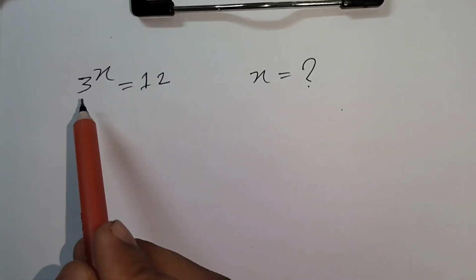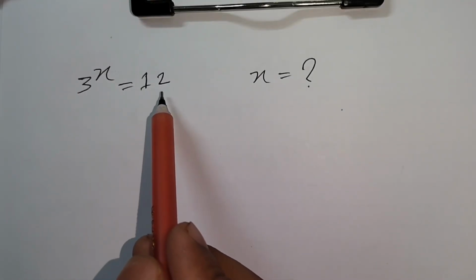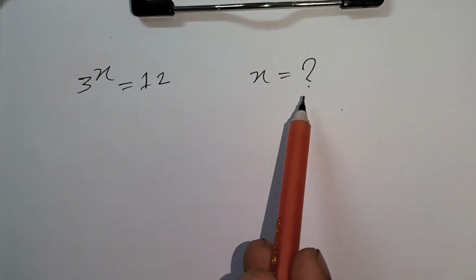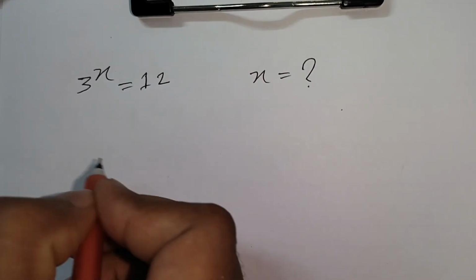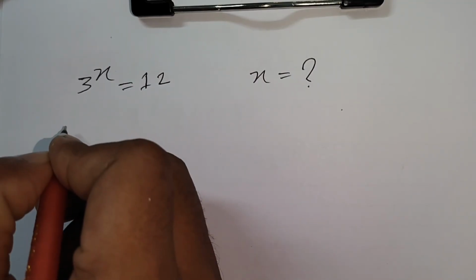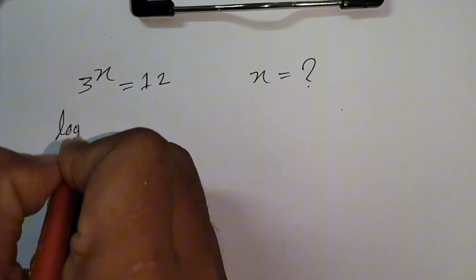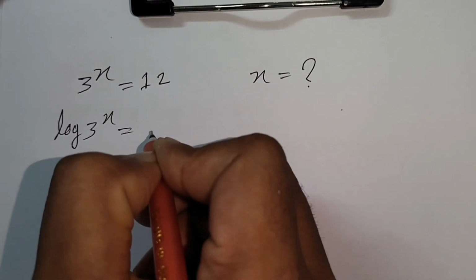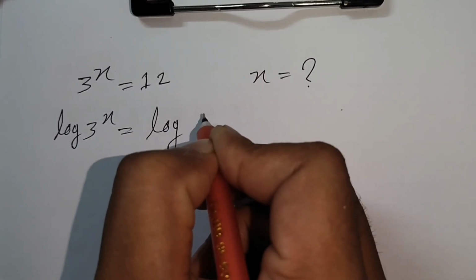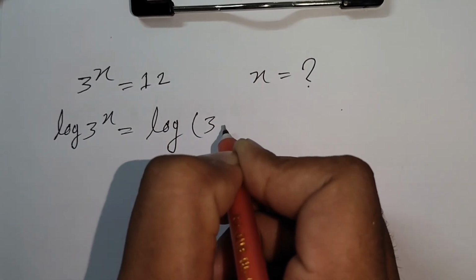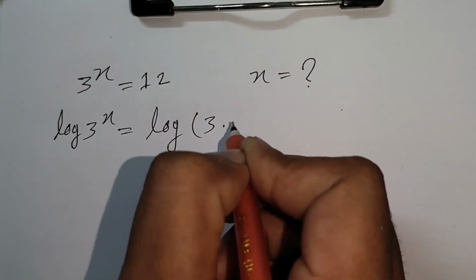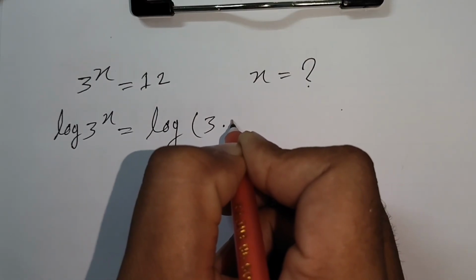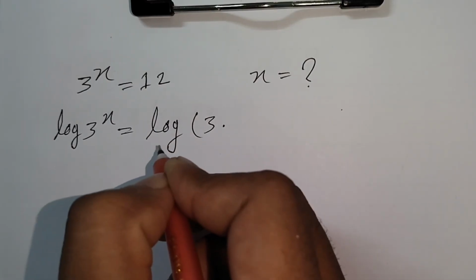How to solve 3 to the power x is equal to 12. What is the value of x? Now, log 3 to the power x is equal to log of 3 times 4.